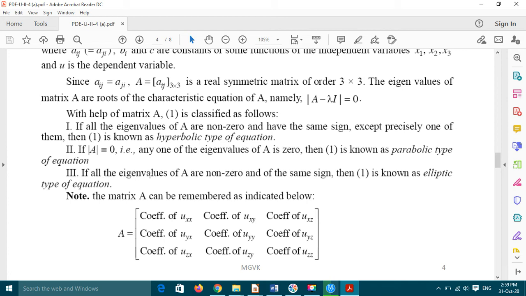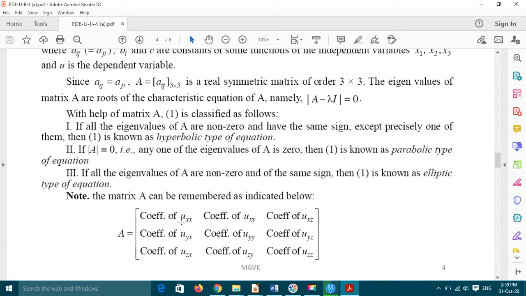And third, if all the eigenvalues of A are non-zero and of the same sign, then it is known as an elliptic type differential equation.